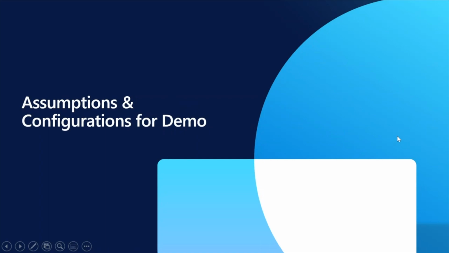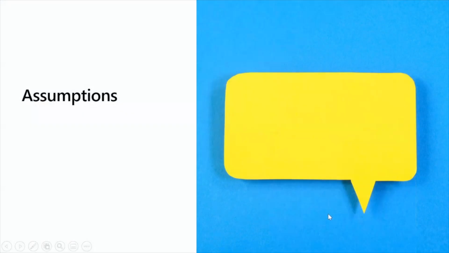So let me go through some assumptions and the configurations as well that we're going to be walking through. These assumptions are related around products, and that's just in the case that if I use a product in a demo today, I want you to know that I've made these assumptions about that product setup because I won't be doing any product setup live.